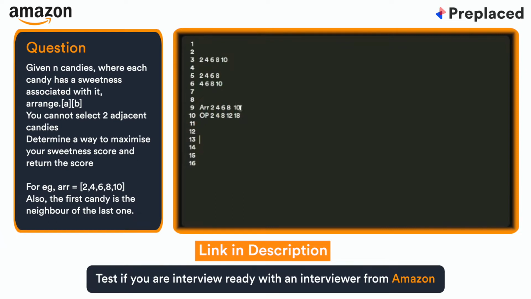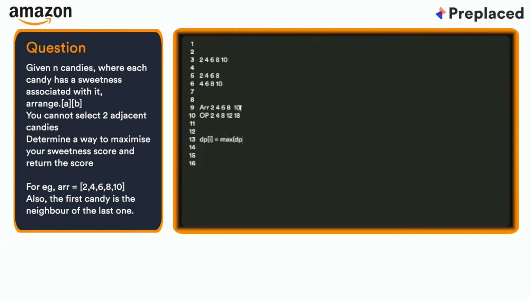It will just be a DP array, where DP at index i will be the maximum of DP at index i minus 1, where I'm skipping the current one, or array at index i, where I'm considering the current one, plus DP at index i minus 2, so I'm skipping the adjacent one, and whatever is the maximum before that will be my answer.